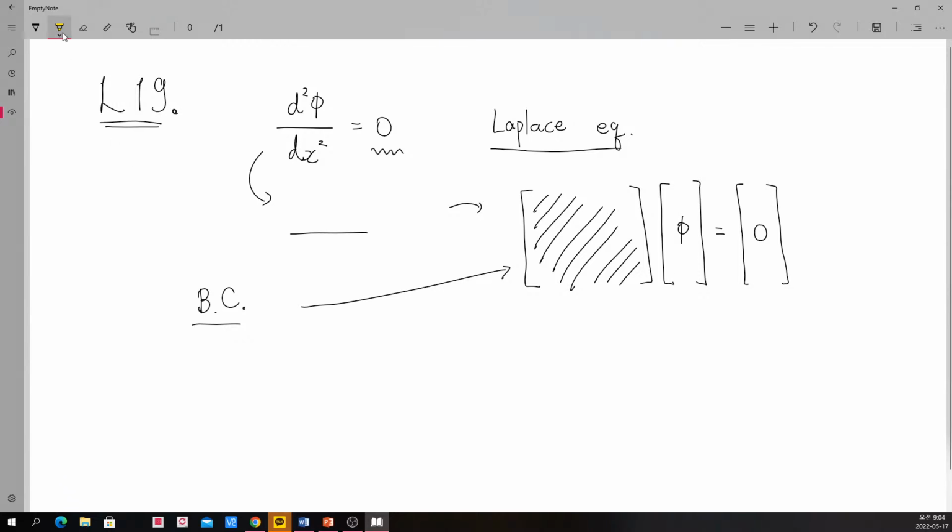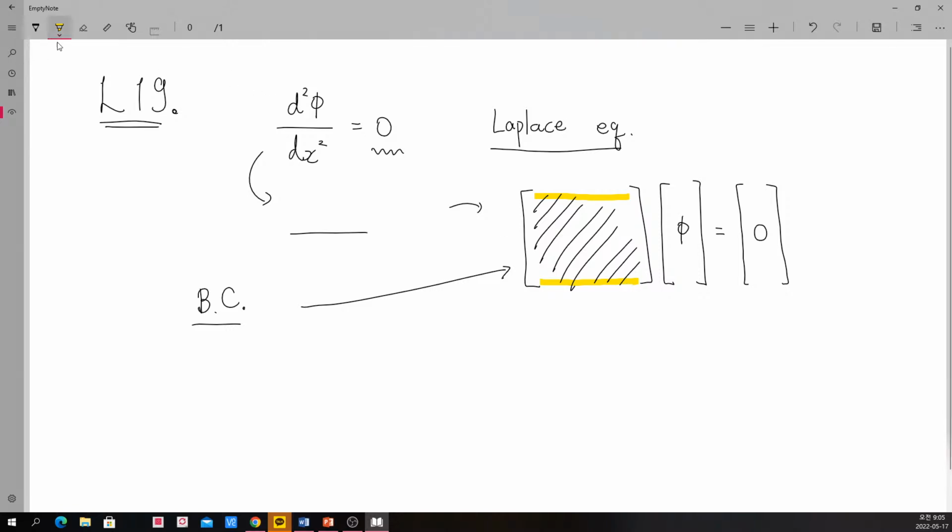Usually, in this simple 1D case, the leftmost point and the rightmost point are regarded as what? Regarded as the boundary nodes. So here we have the first row and the last row corresponding to the boundary condition.